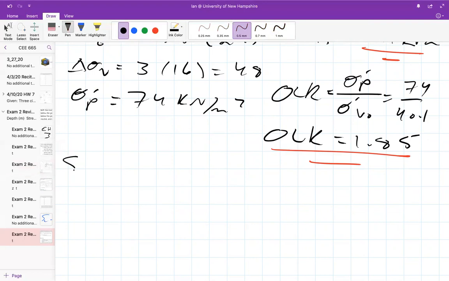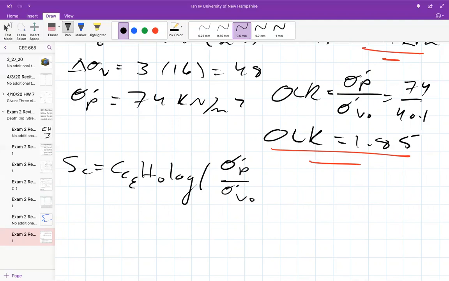So we're going to use the big long settlement equation. So C sub C epsilon H naught log of sigma P prime over sigma V naught. And I know in your textbooks there's a bunch of different ways to write these equations. Just make sure that you match your variables to what you have.